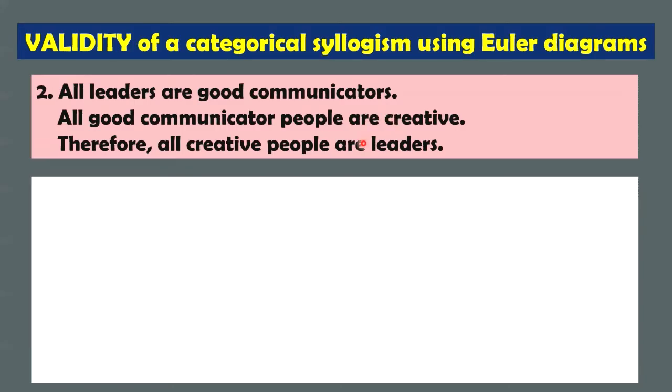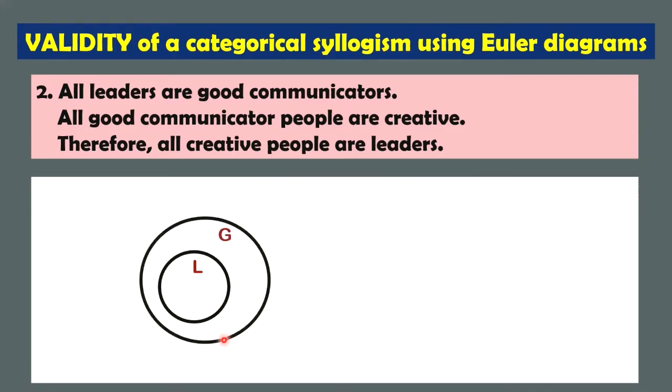Okay? So if I have this set L for the set of leaders, okay, paano ko i-draw yung G, set G for the set of good communicators? Is it smaller than L or is it bigger than L? It should be bigger than L, like that. Right? Kasi sabi dito, all leaders are good communicators.